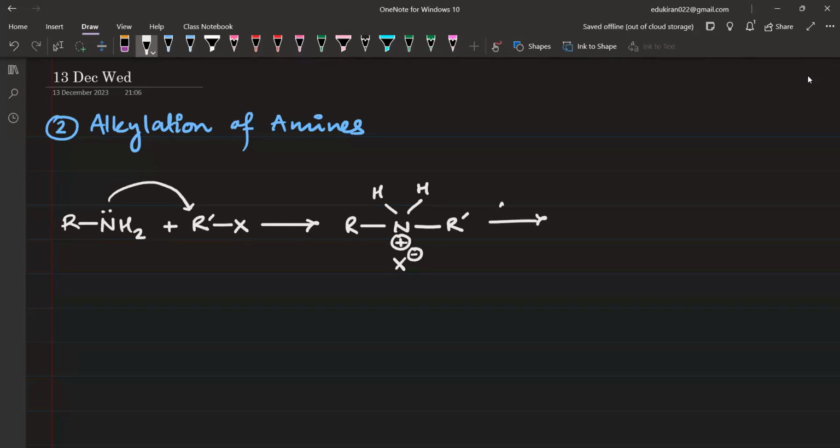When this salt is treated with any base, it gives you a secondary amine, that is R bonded with NH, further bonded with R dash, and the halide ion leaves.